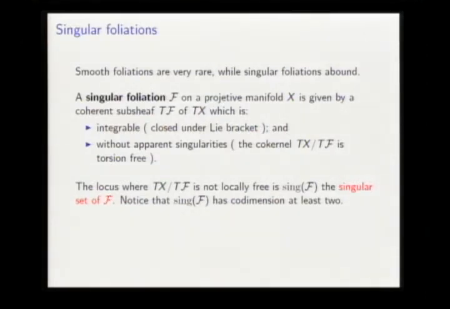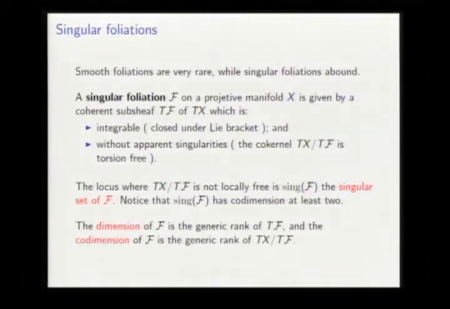Anyway, we have the singular set, and by standard things, the singular set is a subset of codimension at least 2. So a singular foliation you can just think of as a foliation on the complement of a closed analytic subset of codimension at least 2, and that's it. The dimension of F is the rank of TF, and the codimension is the rank of TX over TF.